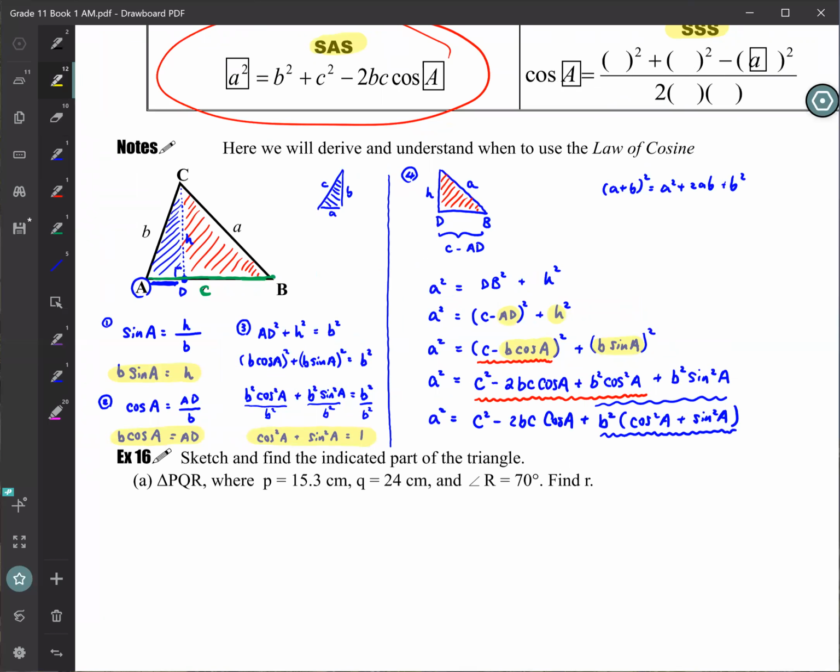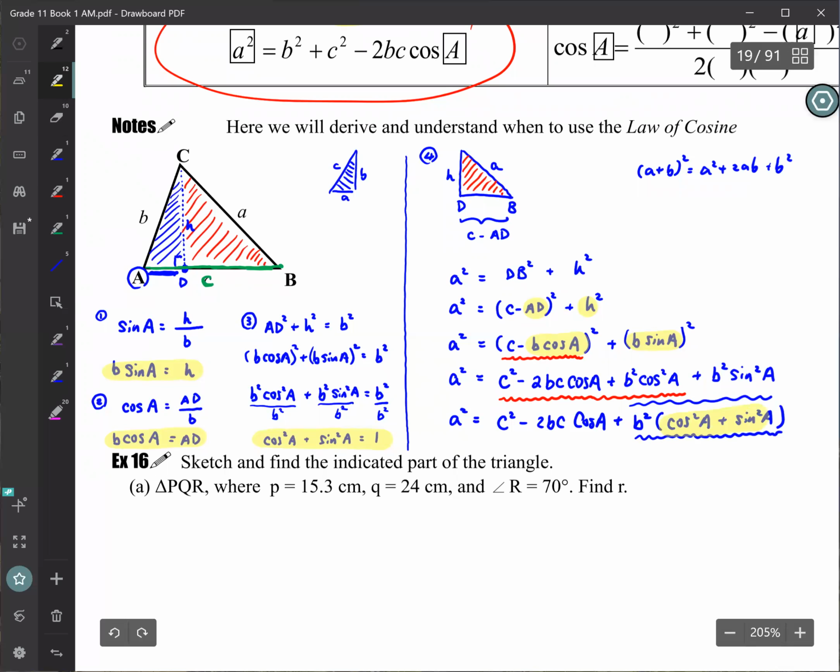Okay, I'm done. So finally we have cosine squared A plus sine squared A over there, which is our step 3. Please go back and look at step 3. We figured that when you see cosine squared plus sine squared, it becomes 1. So this part just goes to 1, and b squared times 1 is just b squared.